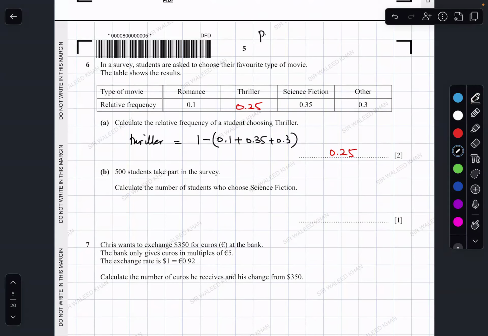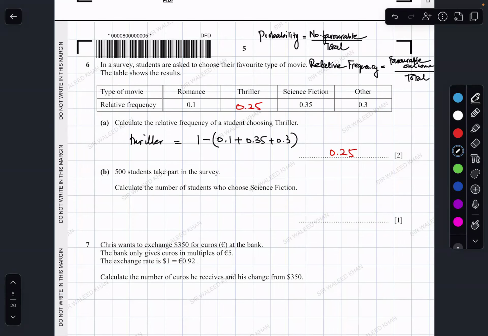For probability, we figure out the number of favorable outcomes over total. And for relative frequency, we do the same. The favorable frequency or the favorable outcome in terms of frequency over the total.